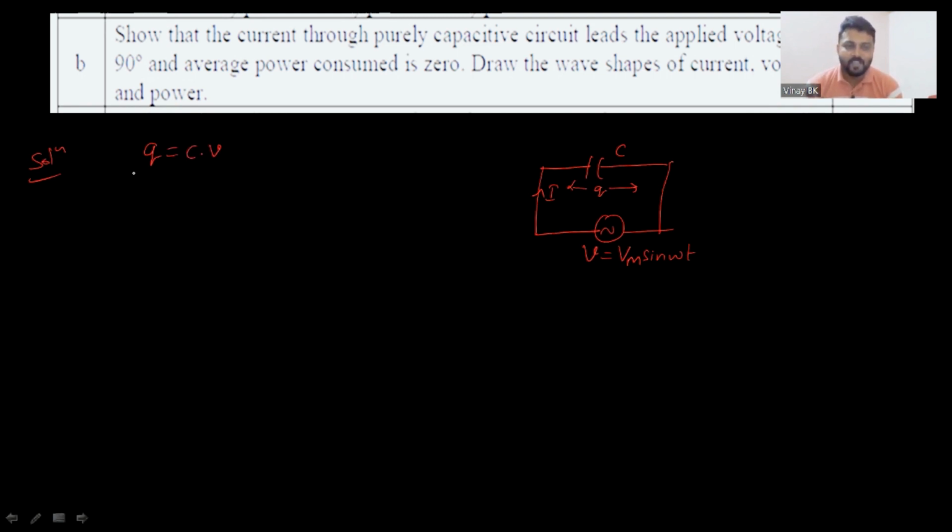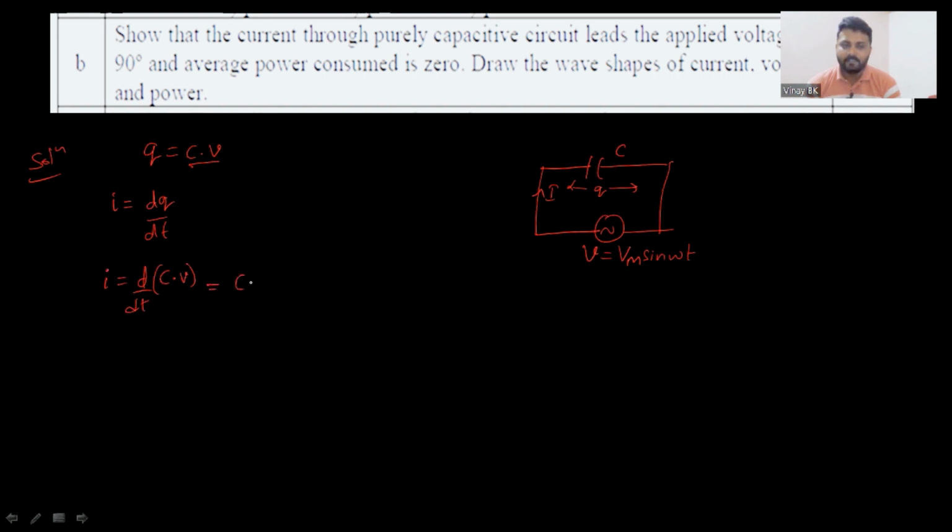So with reference to that, you can define current I is given by dq by dt, that is the rate of change of charge. Here, what is Q? C into V. So I'm just substituting: I equals d by dt of Q, which is nothing but C into V, where C is capacitance and V is voltage.